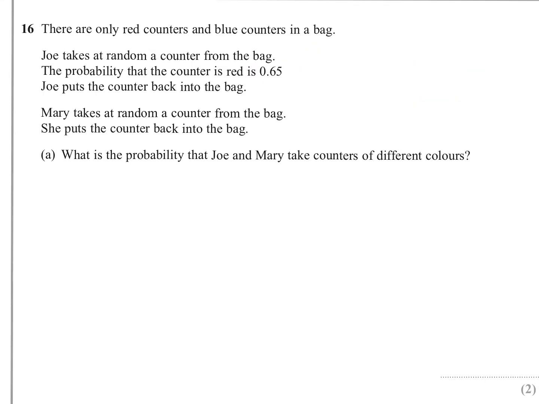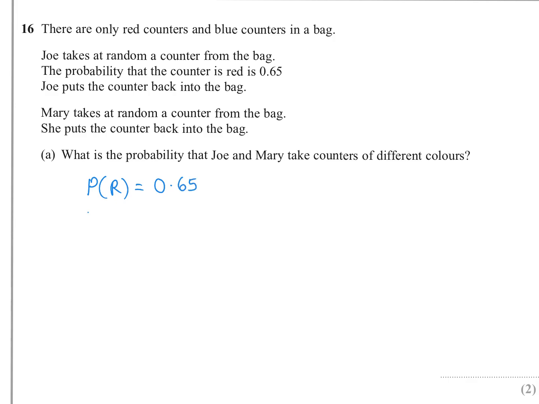Question 16. There are only red counters and blue counters in a bag. It says, Joe takes at random a counter from the bag, and the probability that the counter is red is 0.65.